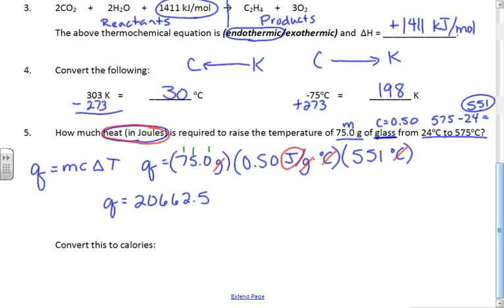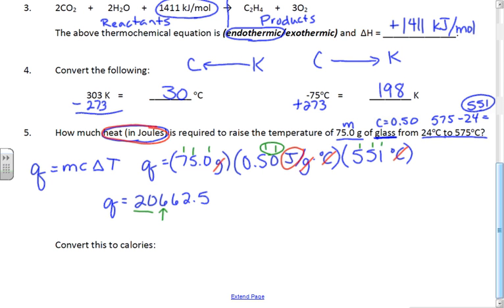Ending zeros are significant when there's a decimal in the number. So that's going to make the 0 at the end of 0.50 significant as well. But the 0 in front is not, because leading zeros at the beginning are never significant. And then in our last number, the 551, that one's easy. We've got 3 sig figs. So if we have 2 significant digits as our smallest amount, that's what we're going to round our final answer to. So we've got the 2 and the 0, and we look at the 6 to see if it rounds it up.